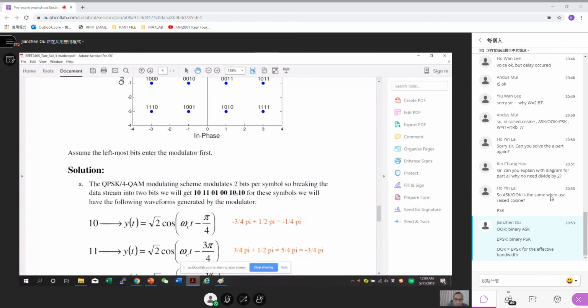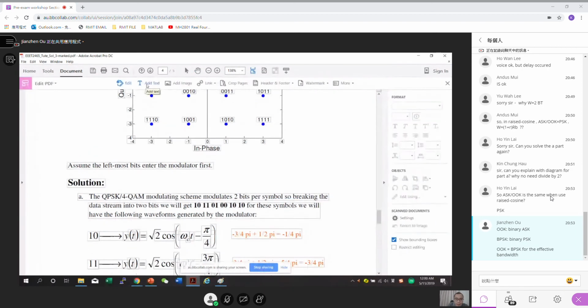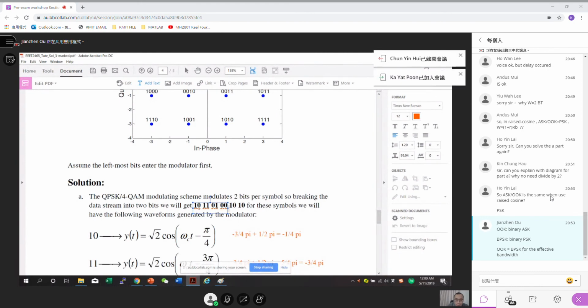Then you can see 1 0, 1 1, 0 1, 0 0, and 1 0 and 1 0 are the same as the first one. So you just need to solve 1 0, 1 1, 0 1, and 0 0. And that's all.